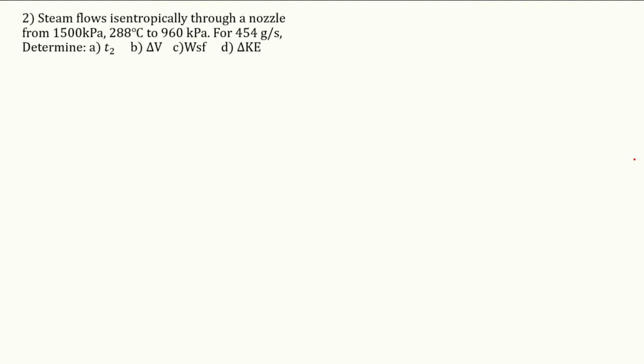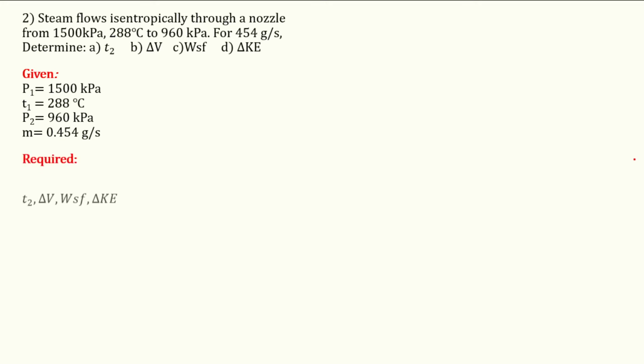Okay, so kunin muna natin si given. So meron tayong P1 of 1,500 kilopascal, T1 of 288 degrees Celsius, mass of 0.454 kilogram per second, and P2 of 960 kilopascal. So ang required natin is T2, delta V, work steady flow, and delta KE.